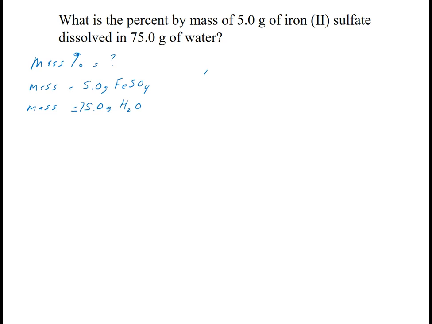So the formula is mass percent is the mass, and I like to be more specific, so the solute in this case is my FeSO4. You can just put solute if you want, over mass of solution times 100.